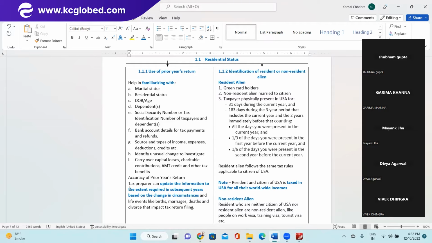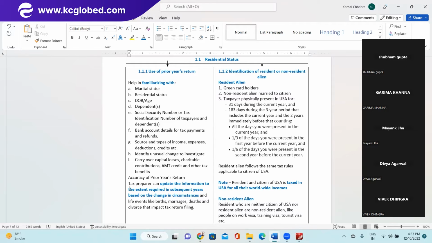That means the people who are not green card holders, residents or citizens of the United States of America are called non-resident aliens. Now, first let's understand the resident alien. Who are residents? First are the green card holders. Green card holders are considered residents of the country.